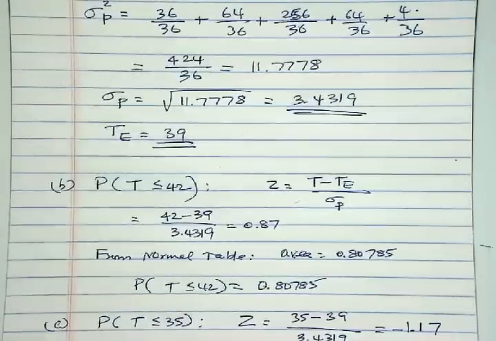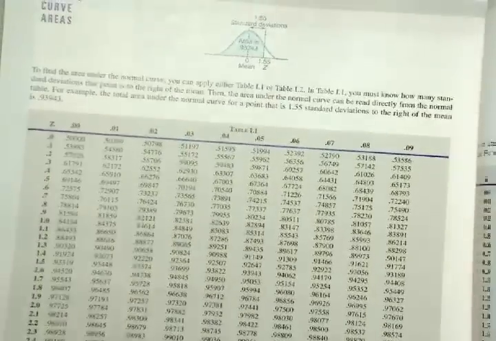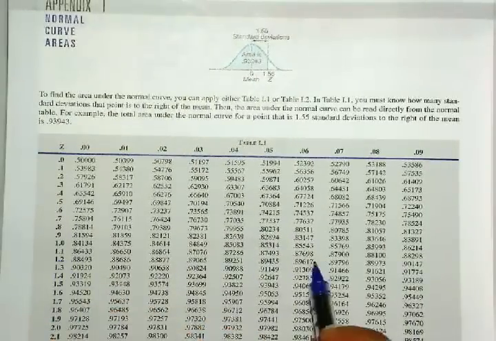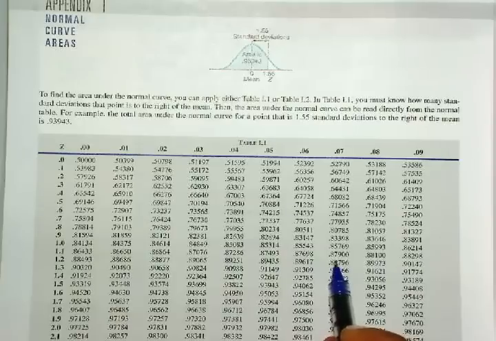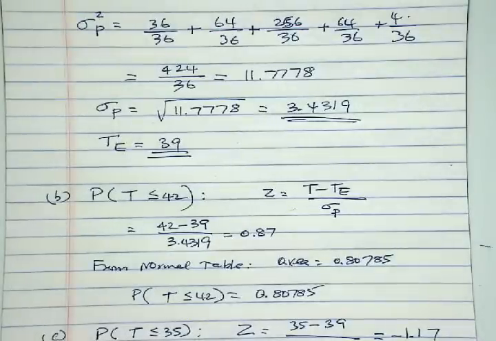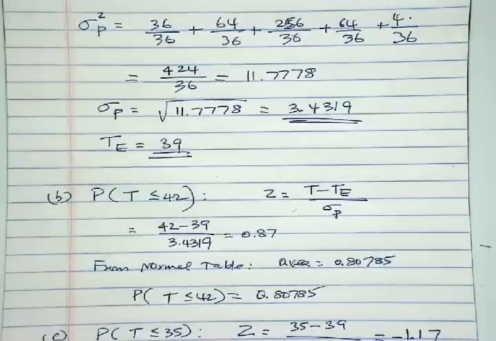Once again go to the normal table. Remember we have dropped the negative sign, so for 1.17 that is 0.879. But since we dropped the negative sign, the probability is actually 1 minus that 0.879. So you get 0.121.